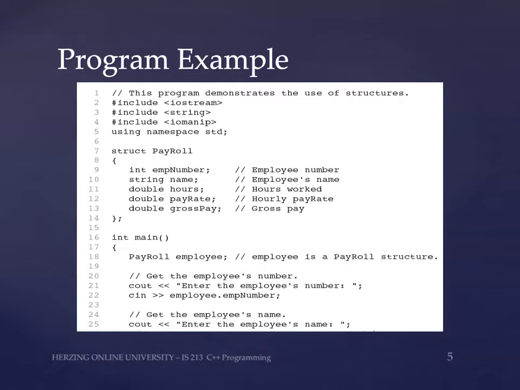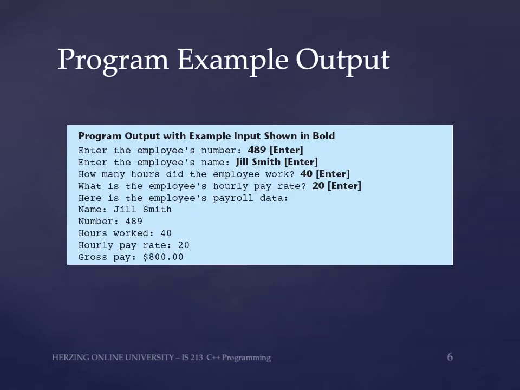If we go to the next slide, we can see the program output. Notice how each of the members was printed out by using cout and cin to get the data for each of the member variables of the struct. It's a very simple and straightforward example.